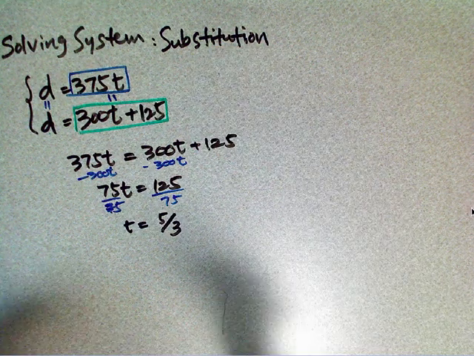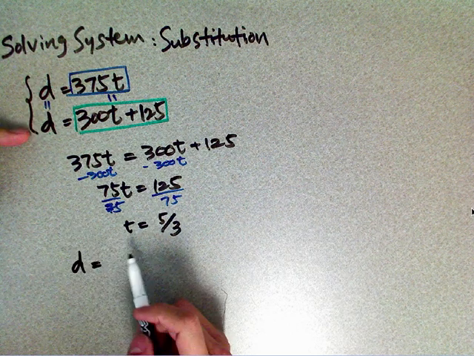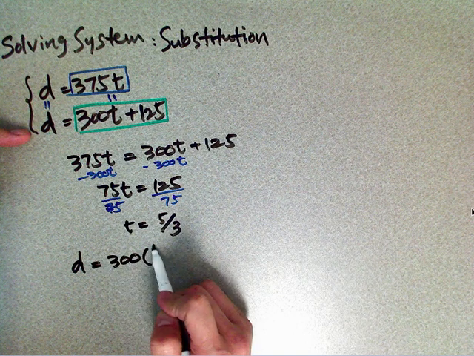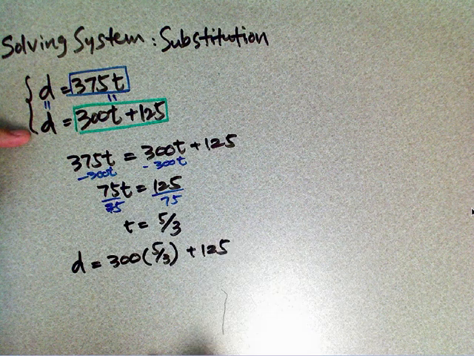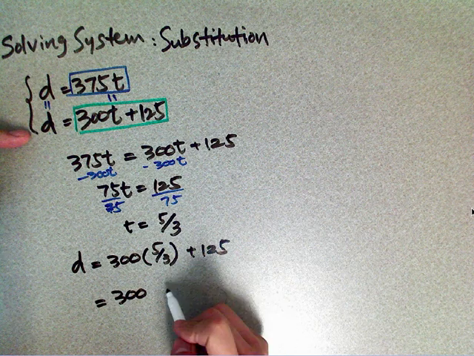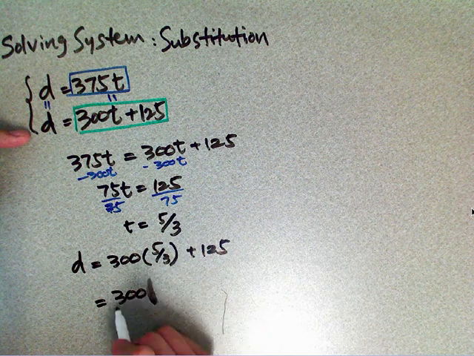So let's replace that. d is equal to, I'm going to take the one on the bottom, 300t. Now we know that's 5/3, plus 125, which equals 300 times, 300 over 1, right?